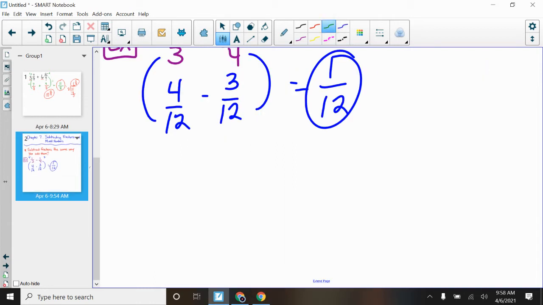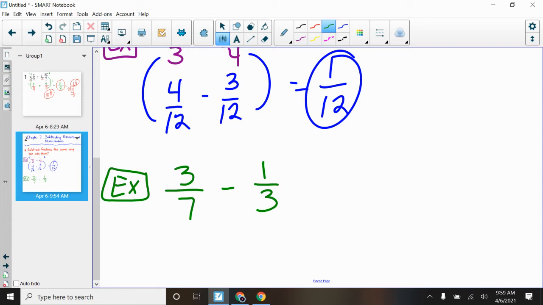All right. So let me try this one. Ready? Let's try 3 over 7 minus 1 over 3. So remember, you don't do anything different.